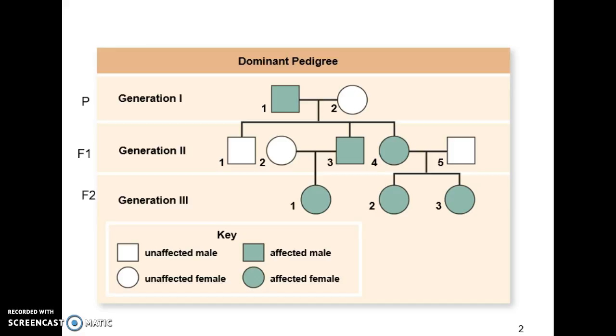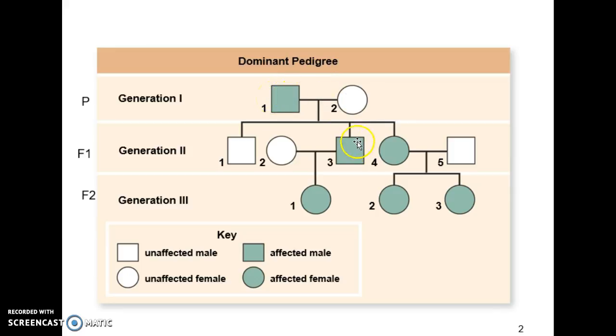The dominant allele expresses the trait, and individuals who express the dominant allele, now it could be homozygous or heterozygous, but they have a dominant variation, we shade those boxes or those circles in. Boxes representing males, circles representing females. So in this family, the grandfather was affected by whatever this dominant variation is.